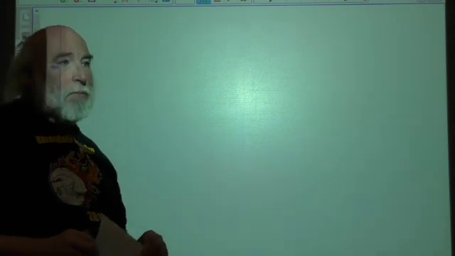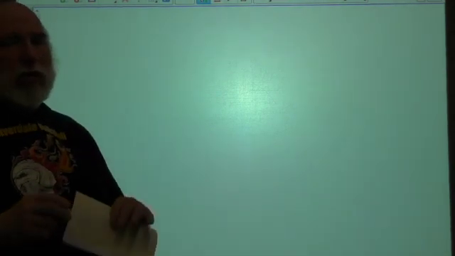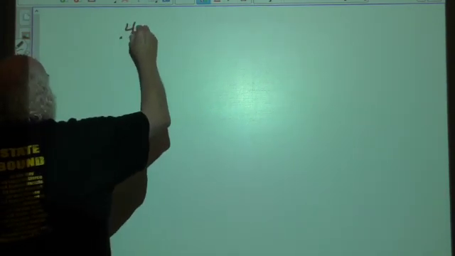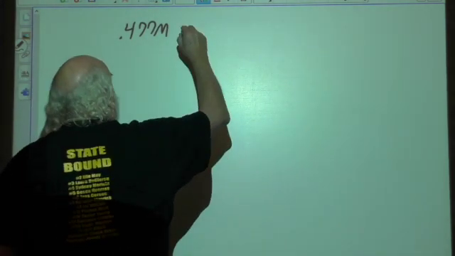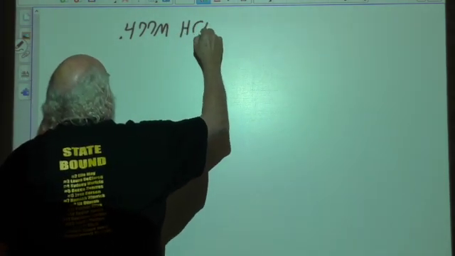Now, one more thing I want to talk about here real quick deals with numbers that aren't really nice and neat numbers for our concentration. So let's suppose we have a 0.477 molar solution of HClO4.